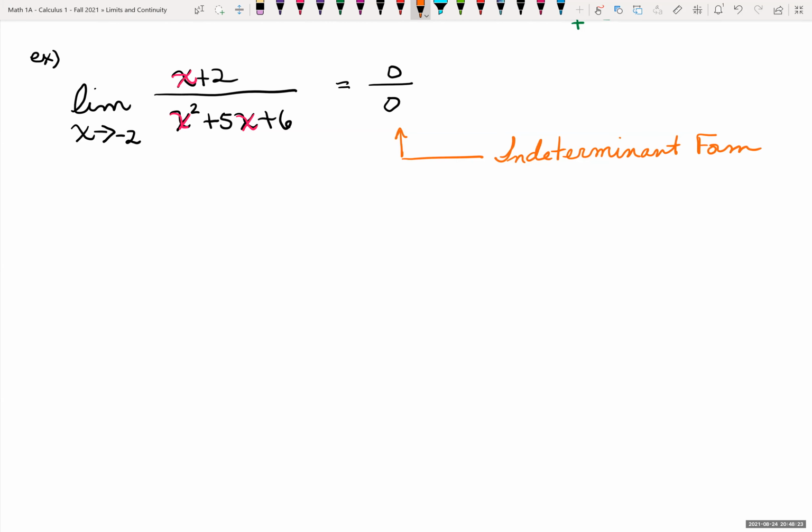This doesn't tell us anything about the limit as x approaches negative 2 of this function. We have to manipulate this. So we're manipulating what we're taking the limit of.